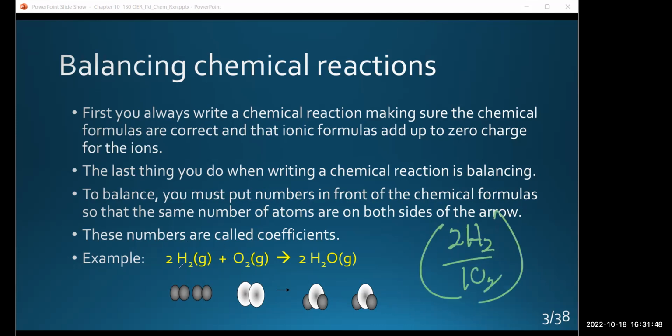And let's say, for example, we need to use 10 grams of H2. The question may be, well, how many grams of O2 do we need? Or a better way to look at this is, if I have 10 hydrogen molecules, how many molecules of oxygen do I need?